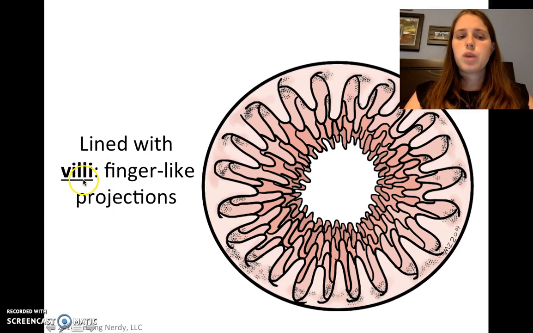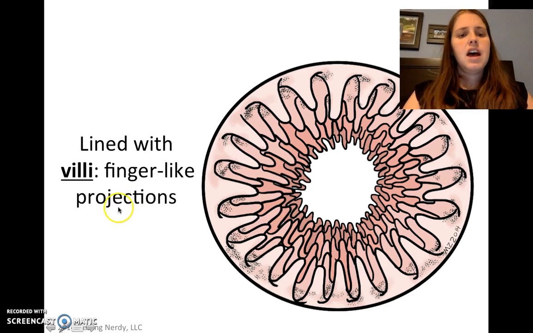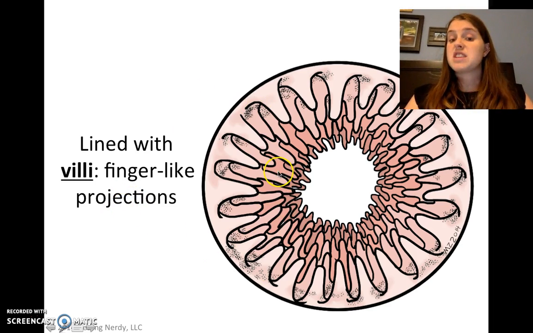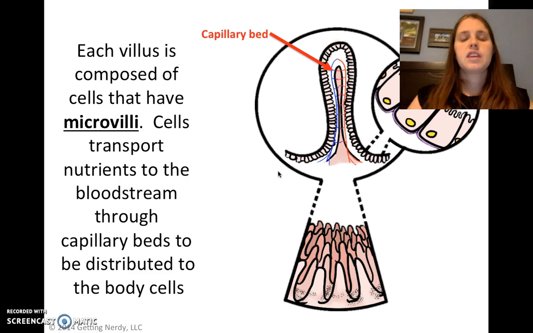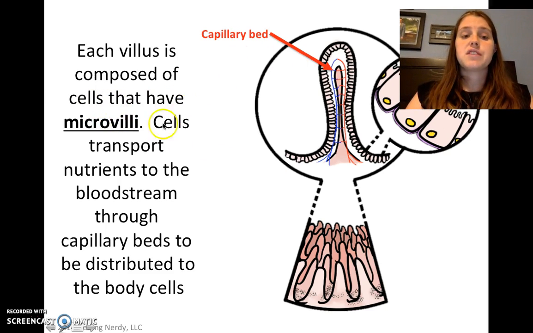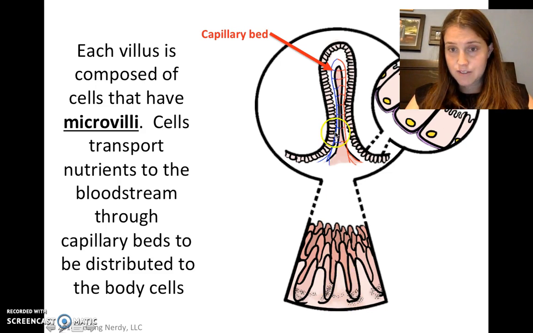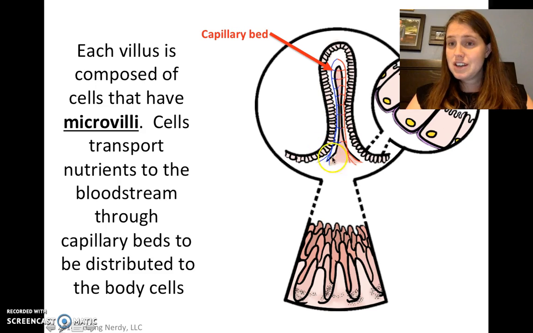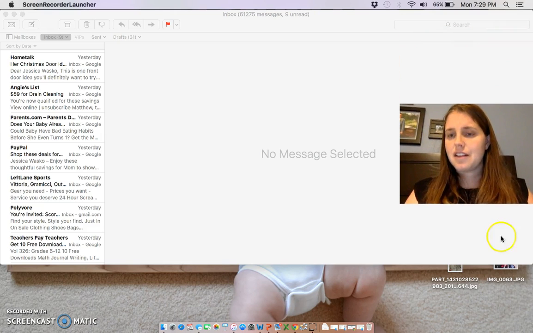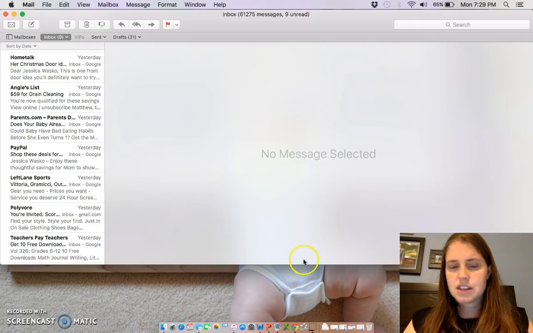So it's lined with villi. These little finger-like things are called villi, and they are responsible for absorption of nutrients. Each villus is composed of cells that have microvilli. So inside each of those little tiny fingers, you're going to get these little tiny other fingers called microvilli. Here, I'll move this down so you can see this diagram.